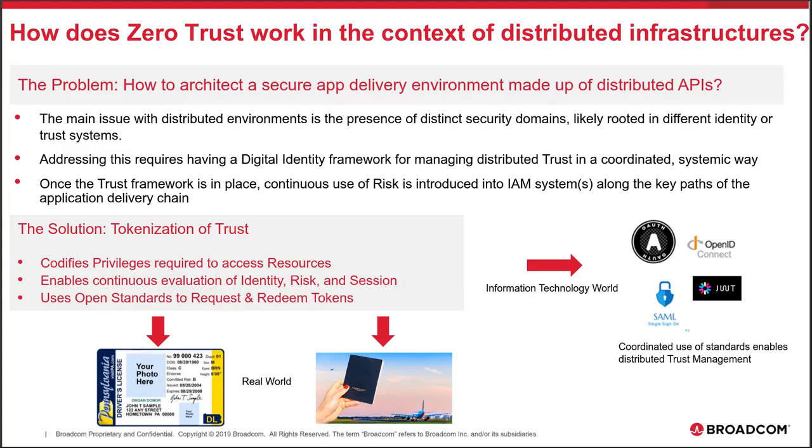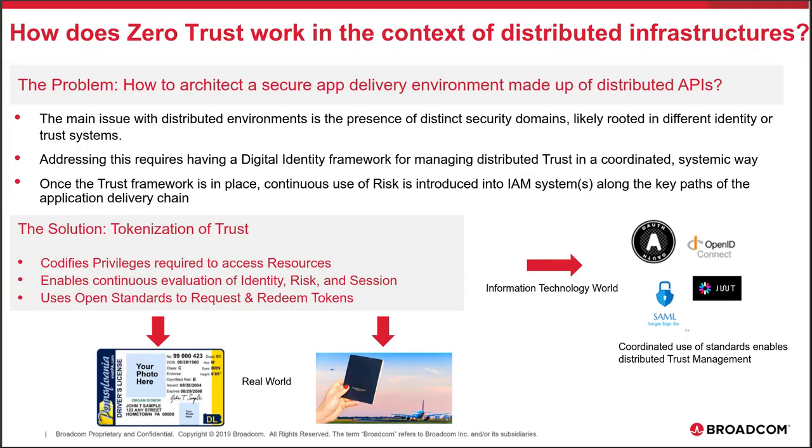Our ability to drive within a country or even across countries has been tokenized using a driver's license, and the infrastructure has now learned how to manage these kinds of trust environments to enable us to travel and to drive. And so the solution to working across distributed infrastructures going forward is really about tokenization of trust.